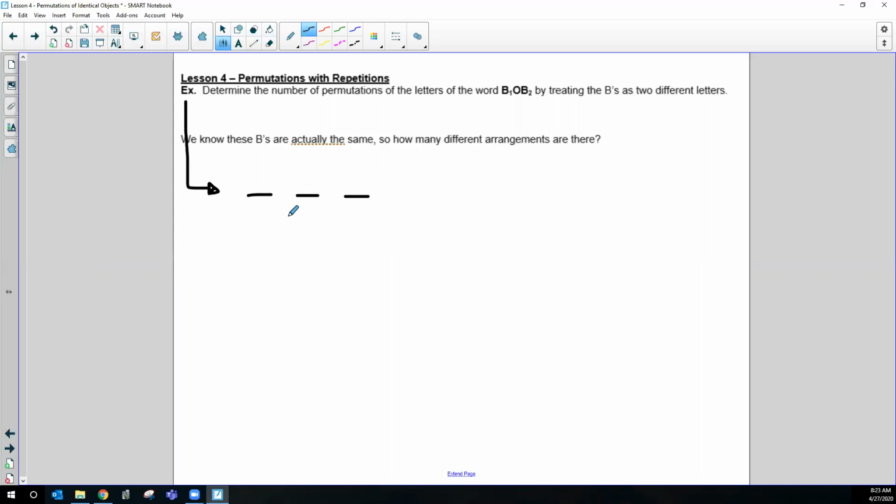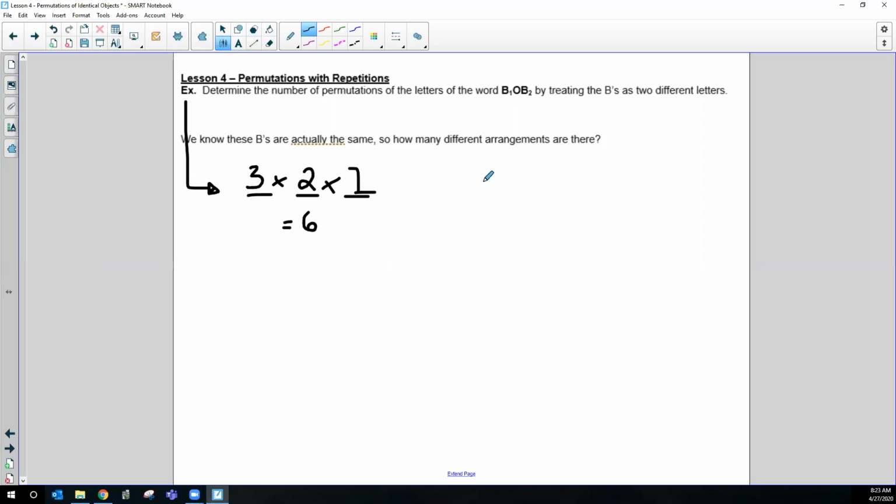If we used the fundamental counting principle, we would say there are 3 different possibilities for the first letter, 2 different possibilities for the second letter, and 1 remaining for the last letter, which is equal to 6 different ways of doing it.